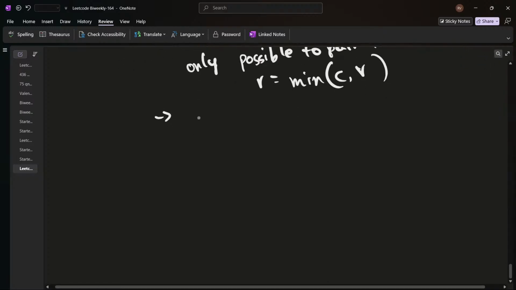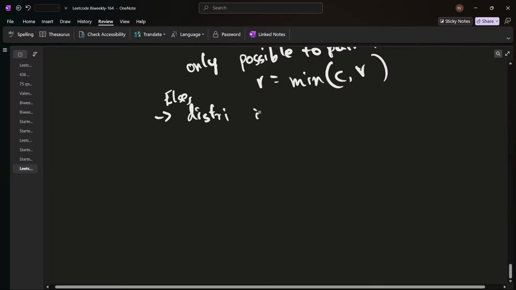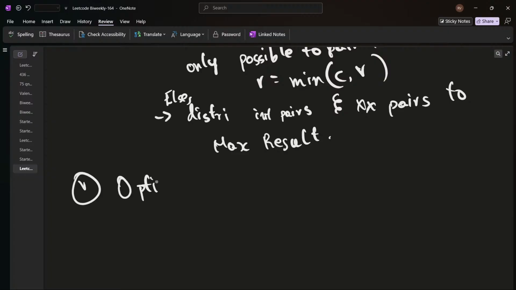If not, else we'll distribute internal pairs and XX pairs to maximize the result. Done. Then our final step, optimize the answer.